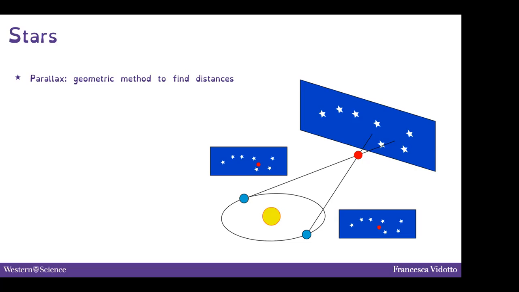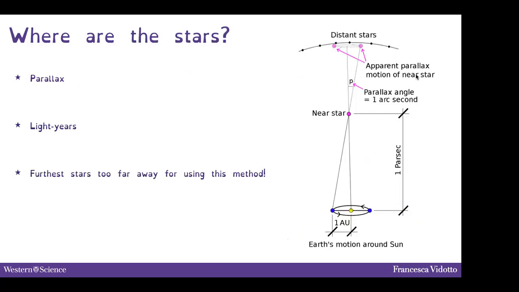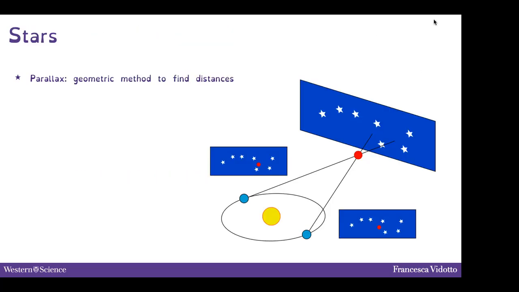They were not getting the help of instruments, and all they could see was just through their eyes. So in the moment in which telescopes became available, and also using photographic plates and so on, this became possible. And so we started to understand what was the distance of stars.